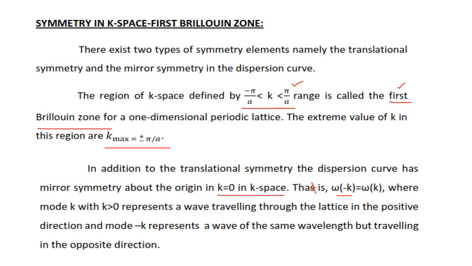From that we find the symmetry. There are two symmetries: translational symmetry and mirror symmetry. For translational symmetry, the range is minus pi by a to plus pi by a, called the first Brillouin zone. For the mirror symmetry, one is along the positive direction, another along the negative direction, but the amplitudes and wave vectors are the same. So this is the vibration of a monoatomic atom in one-dimensional space.